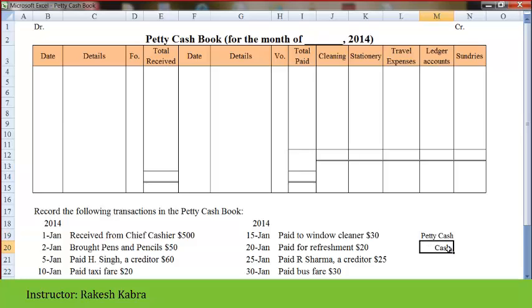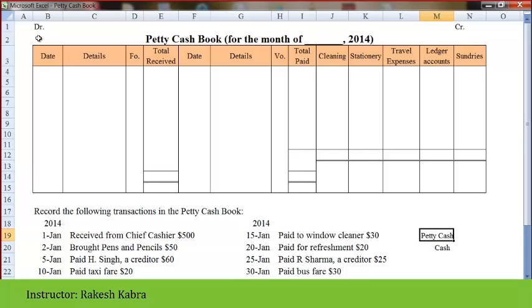So the cash with the chief cashier decreased, isn't it? So decrease in asset means credit. And the cash with the petty cashier increased. So increase in petty cash, that is also an asset, so debit. So this is the entry, petty cash debited.